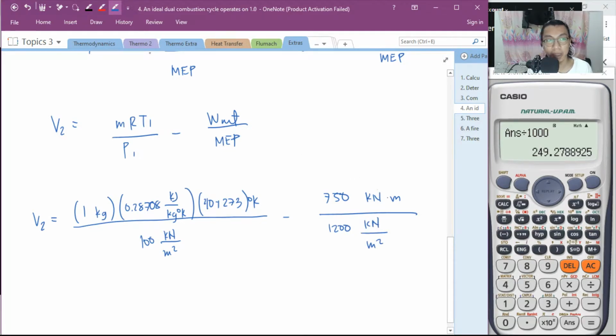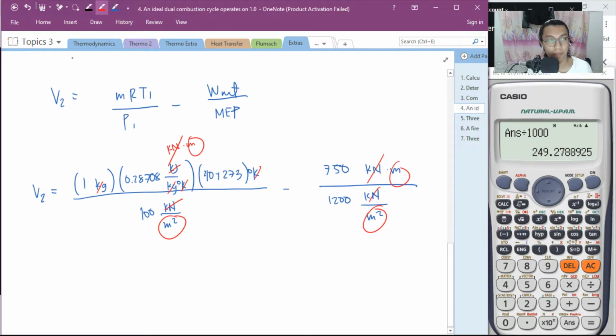So, ang lalabas dito, sir, is cancel natin. Kilojoule dito, kilonewton meter. Okay, kilonewton. Kilogram, kilogram, Kelvin, and Kelvin. Ang lumabas is meter cube. Dito, kilonewton, kilonewton. Ang lalabas is meter cube. Okay?